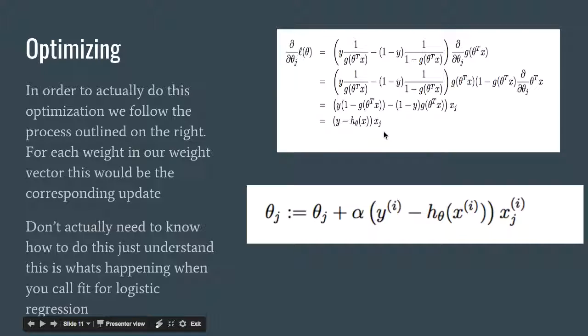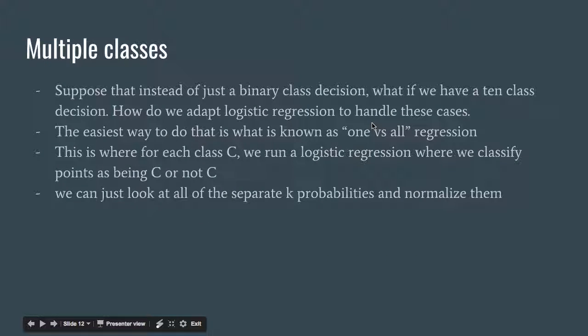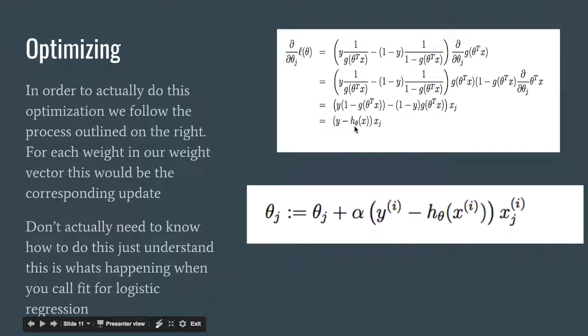And using that, we can take the derivative. Given a specific theta j, so one of our weights in our vector of weights, we are able to get this expression for the derivative of our likelihood function with respect to a particular theta j, and using that we can make this update rule.